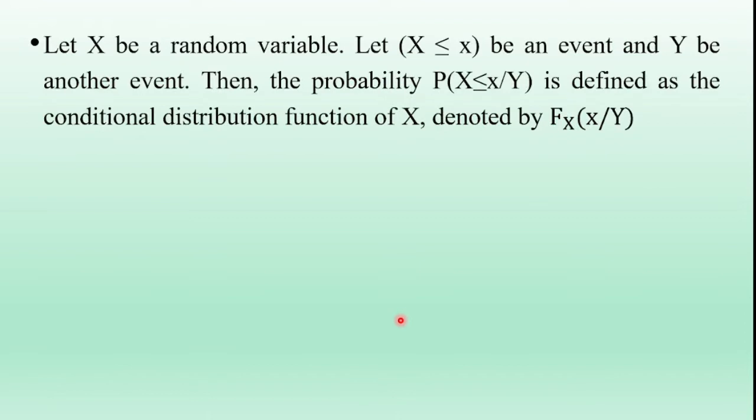So now here we are going to discuss conditional distribution function. Let capital X be a random variable. X less than or equal to x is one event and Y is another event.